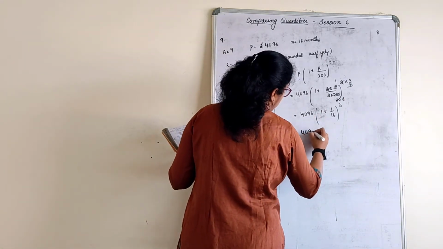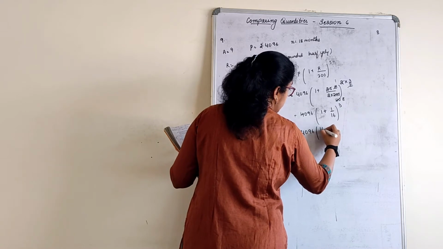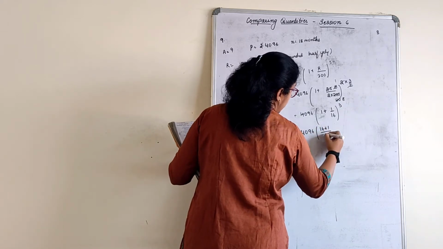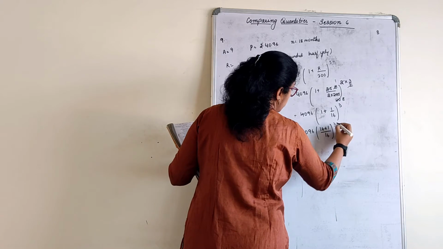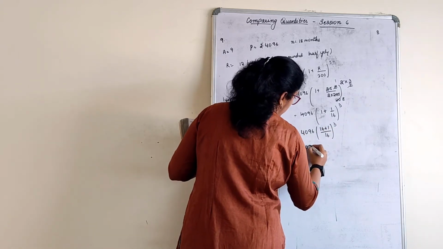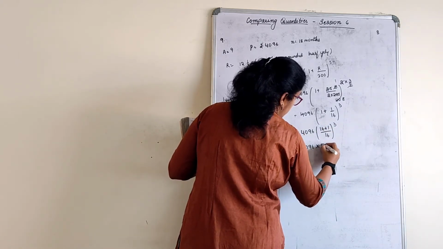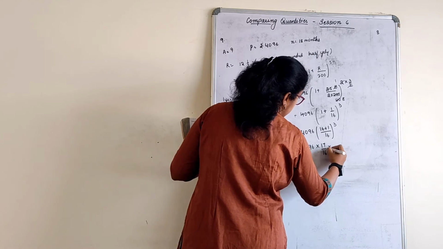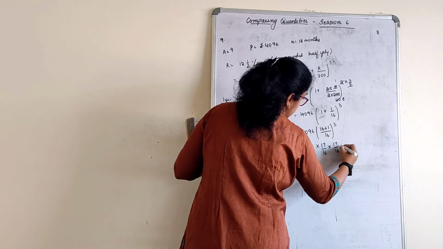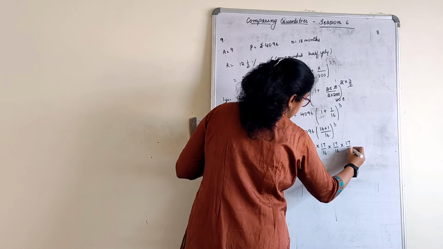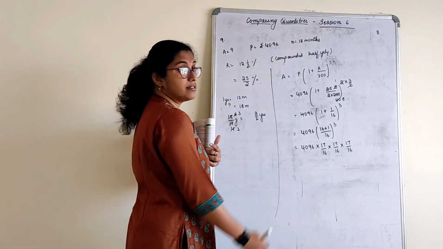Further, 4096 into 16 plus 1 by 16 raised to 3. That is 4096 into 17 by 16 into 17 by 16 into 17 by 16. Why? Because it is raised to 3.